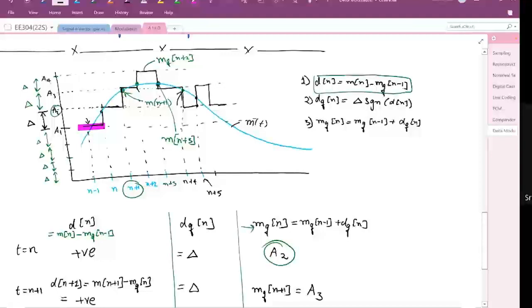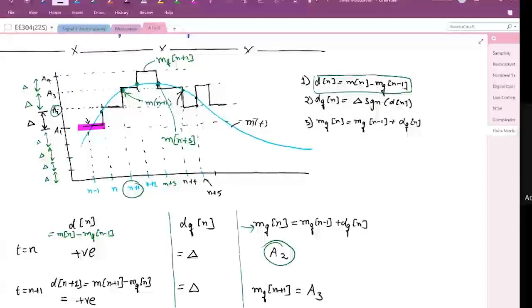Sir, so all these depend on the value of delta and our message signal, right? Yes, correct, whether it is minus delta or plus delta. That altogether depends on the difference between the previous quantized level and the present message signal.